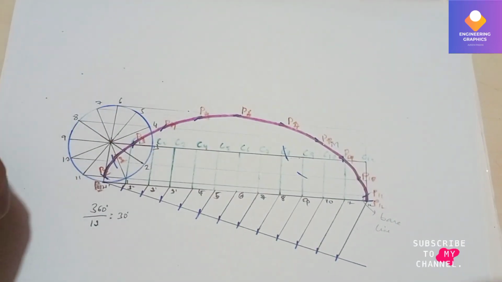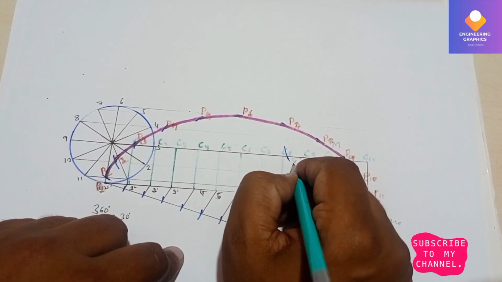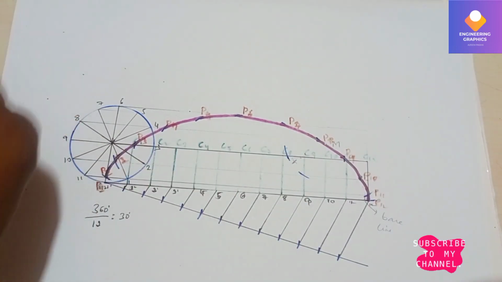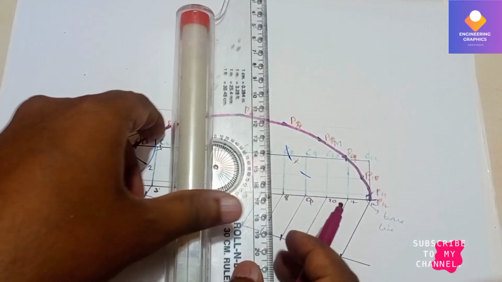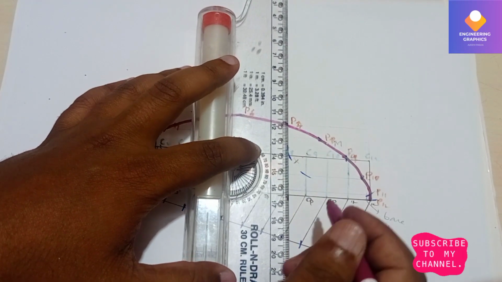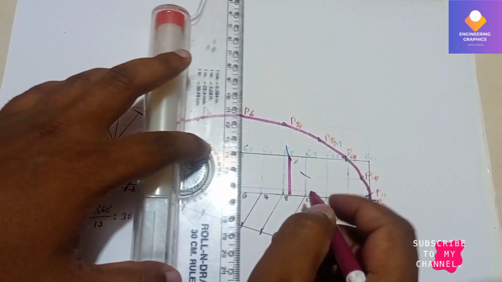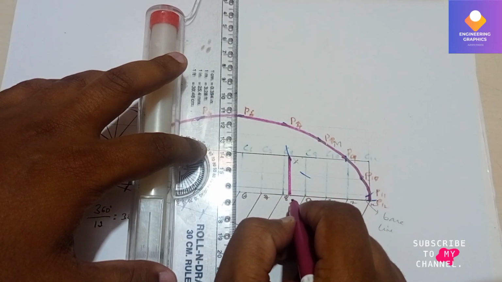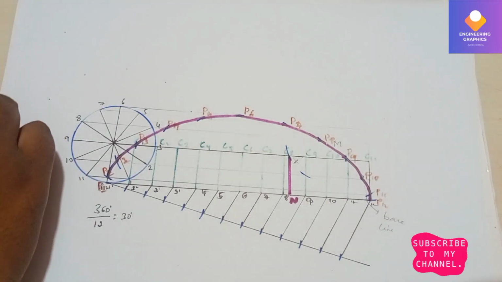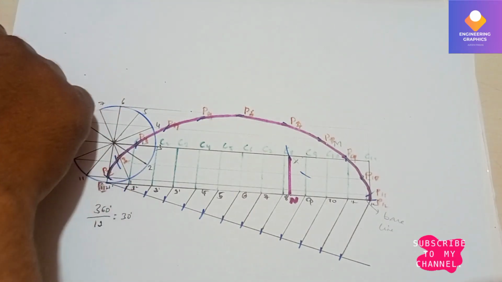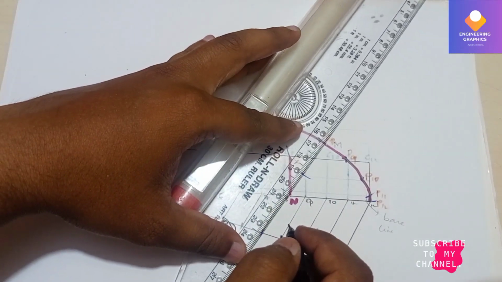So we mark that as X here. Now draw a straight line parallel to this. Okay, this is your end point. Now we have to join this N and M with a straight line.